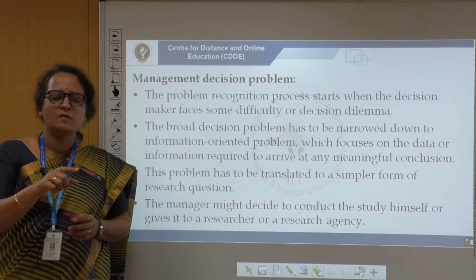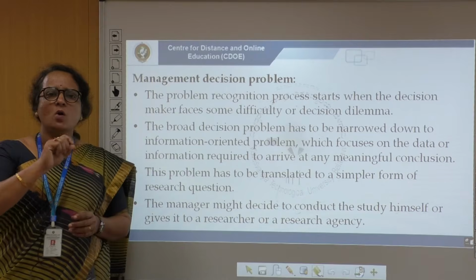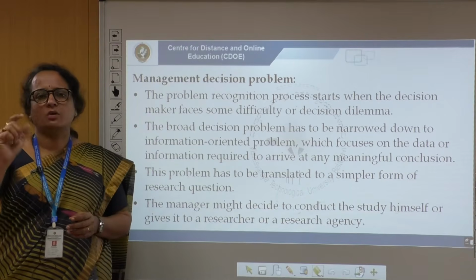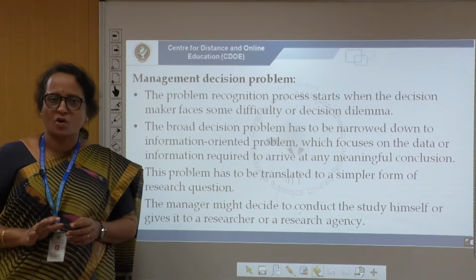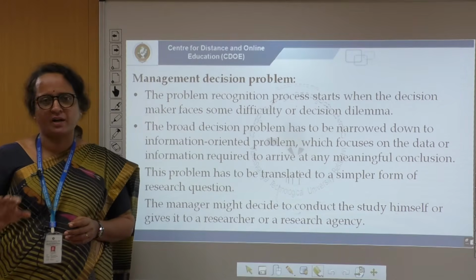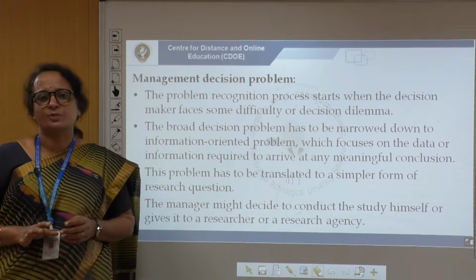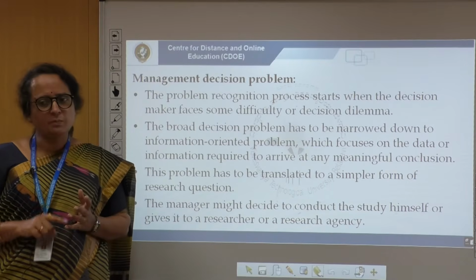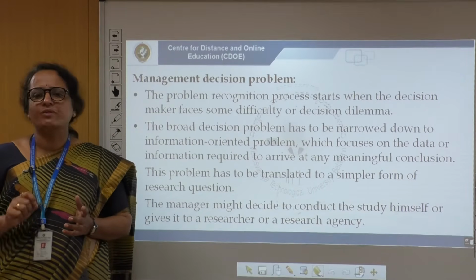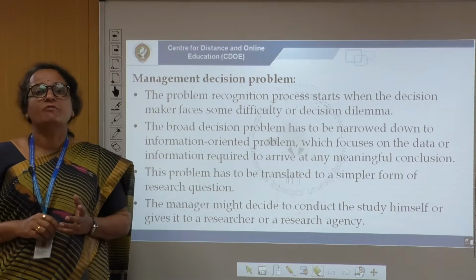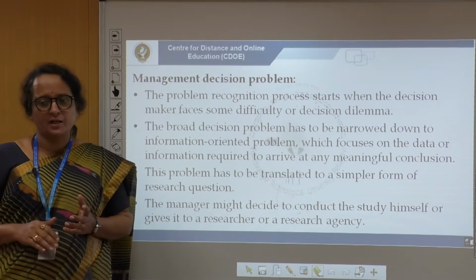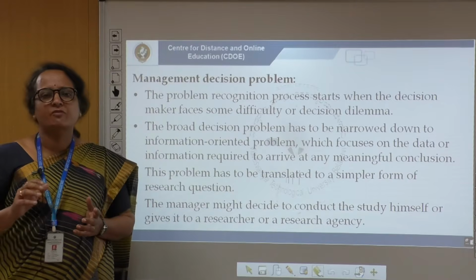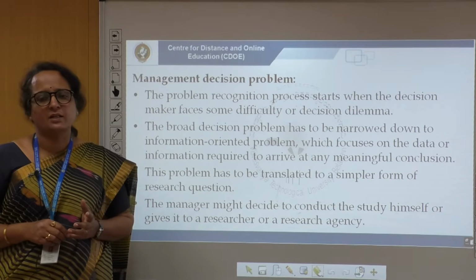In order to solve the broader management problem, what research is to be carried out, what information is to be gathered, and how we have to gather that information should be clearly specified. That itself is the research problem. It focuses on the data or information to be collected, and some meaningful conclusions must be drawn out of that data.